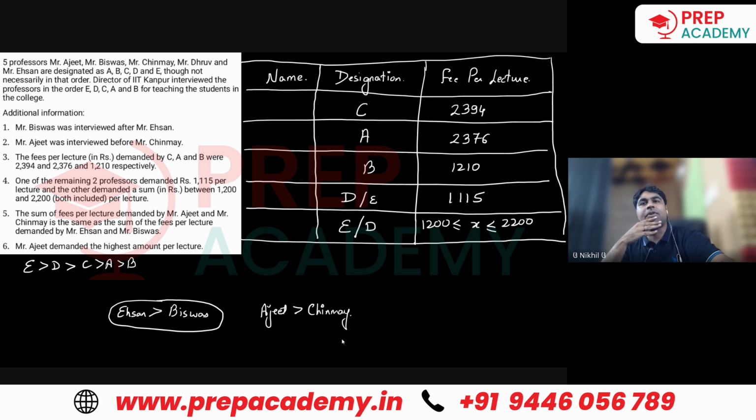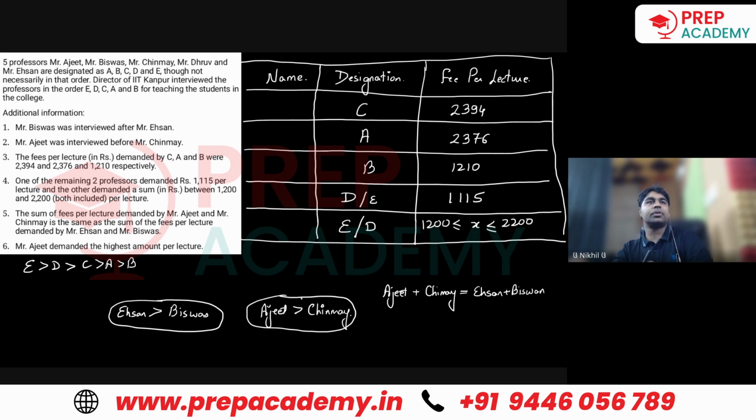Now, the sum of the fees demanded by Mr. Ajit and Chinmay is the same as the sum of the fees per lecture demanded by Ehsan and Vishwas. And these were the four individuals whose sequence we somehow know.